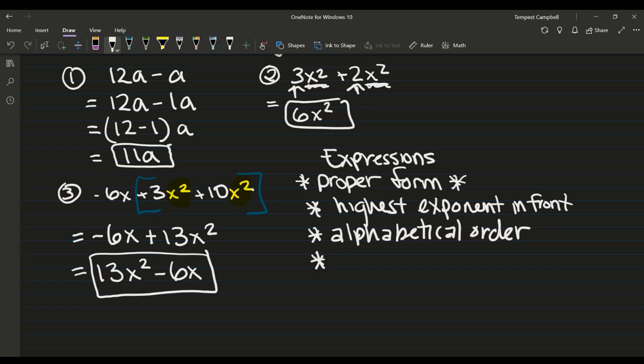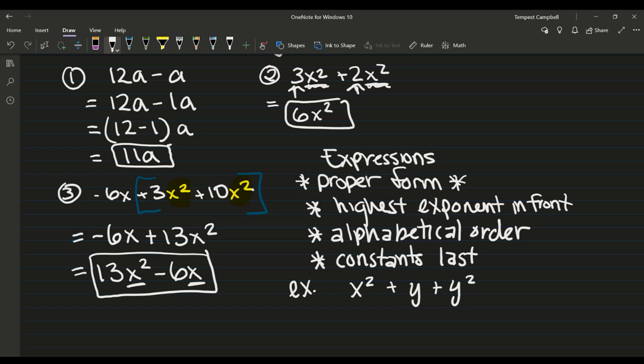And we always have constants last. Okay, so there's no constants here, so we don't have to worry about that. We only have x's, so I put my highest exponent of my x first. So another example here would be, say I had x squared plus y squared.